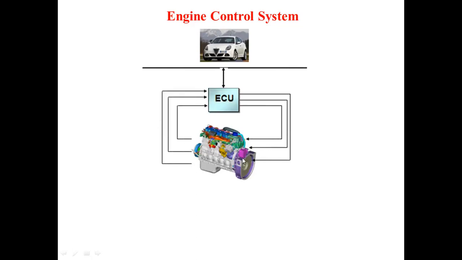Now if we take this engine control system, this is a car. This car has the engine. This engine has the ECU. The engine will have different sensors. On one side of the engine there will be so many different sensors, and on the other side there will be so many actuators.